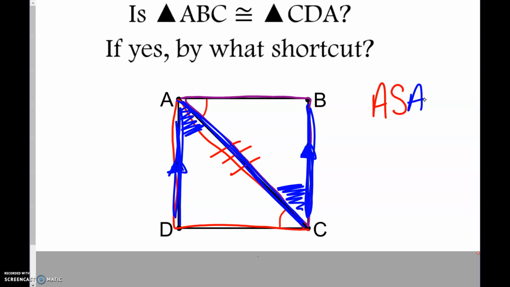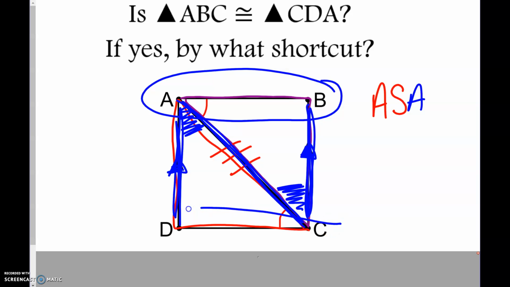Now my question for you is, is AB congruent to CD? Well, if the 2 triangles are congruent, don't the corresponding parts have to be congruent? So do you agree that AB must now be congruent to DC?